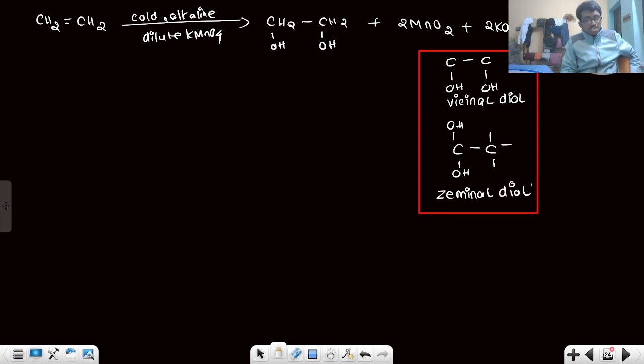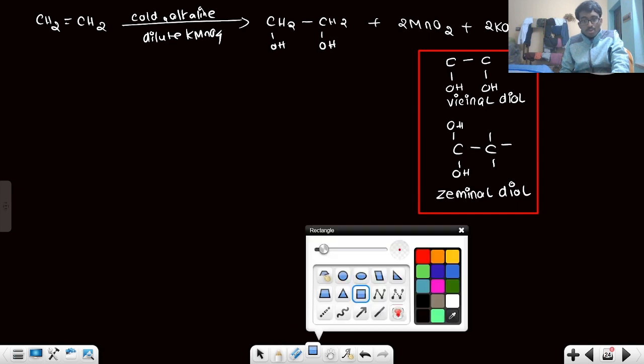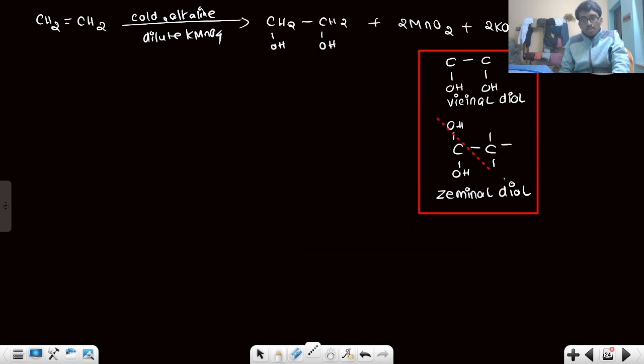I don't really remember the spelling, it is G or Z, but I'm writing Z for now. If the spelling is wrong, let's correct it. Please remember that a geminal diol is not possible. This structure is not possible.